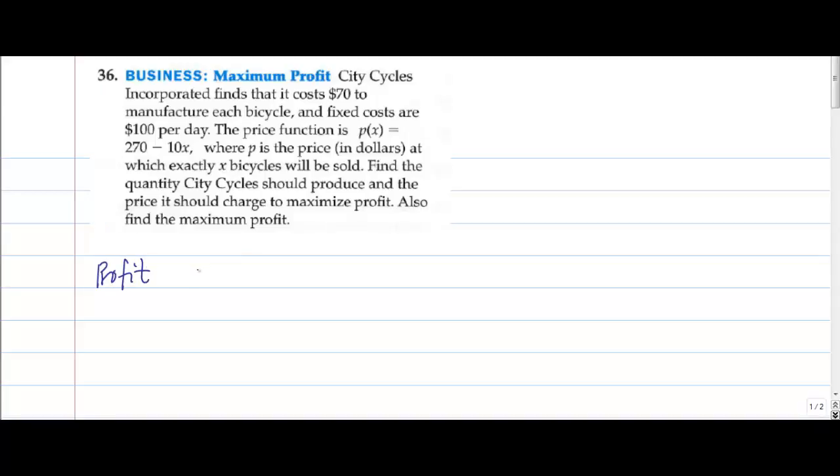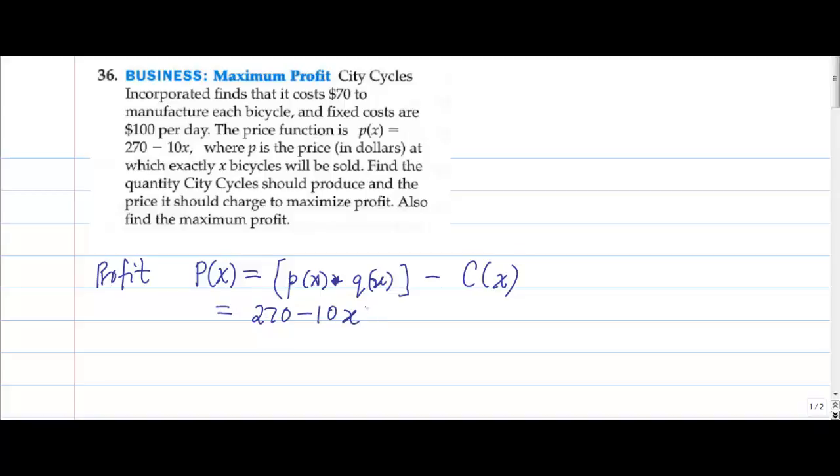Profit, capital P of X, is the price times the quantity Q of X minus the cost function C of X. Okay, price function is 270 minus 10x. The quantity is X, right? That's how many bikes should be produced. And it costs $70 to produce each bike, and fixed costs are $100 per day.